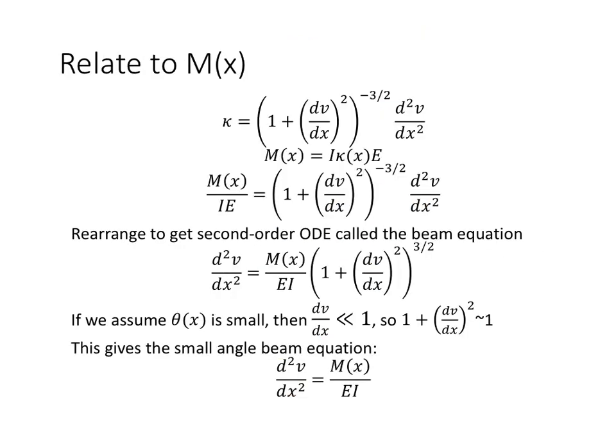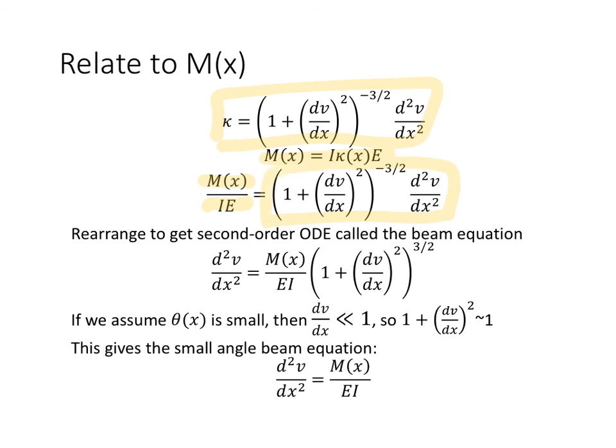So our next step is to relate this to M of x. We had just calculated this expression for kappa. We have this equation that relates the curvature to the bending moment. If we divide both sides by EI, we get the bending moment divided by the flexural rigidity EI is this equation that we had for kappa.